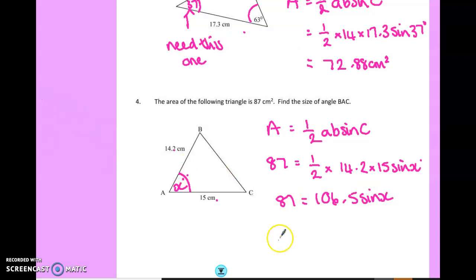I'm just going to make my pen a bit thinner. So we get 106.5 sine x is equal to 87. Here I've got something times sine x. I'm solving the trig equation now because I'm finding the angle. So take this to the other side and divide by 106.5.